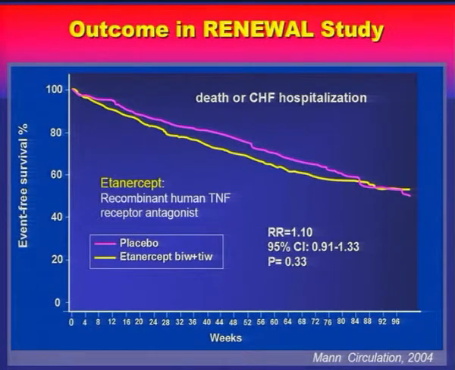cells. And how about TNF-alpha inhibition in inpatient myocardial infarction? There is no clinical trial. However, in severe heart failure, the RENEWAL study used etanercept, a recombinant human TNF-alpha receptor antagonist.